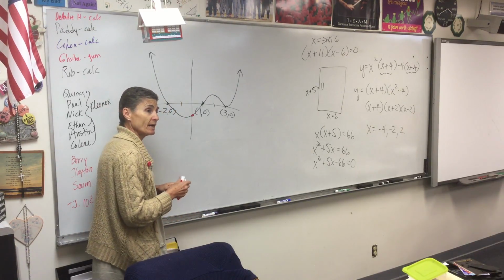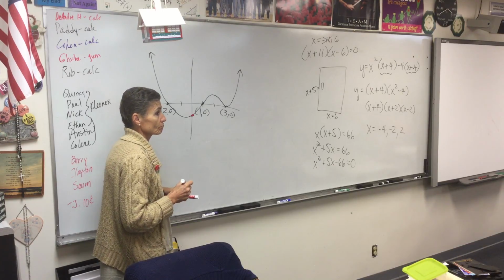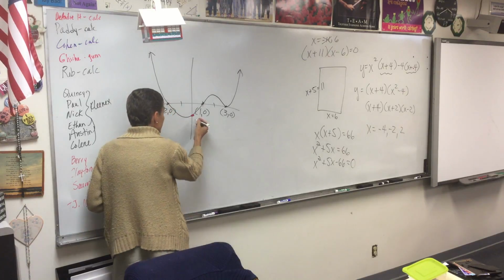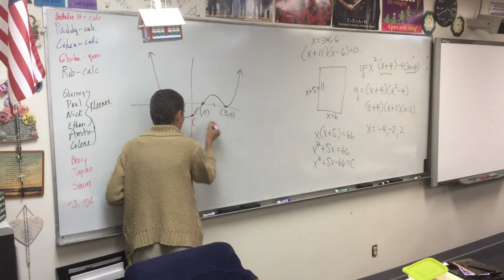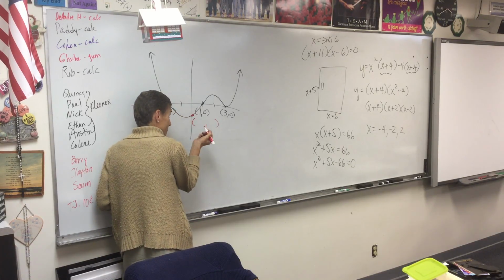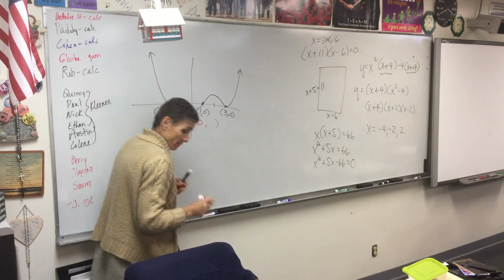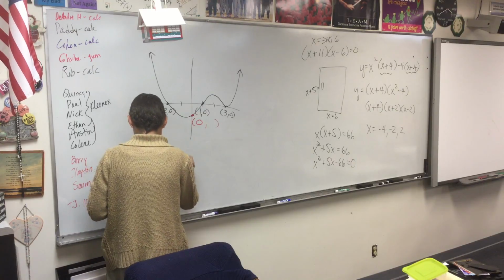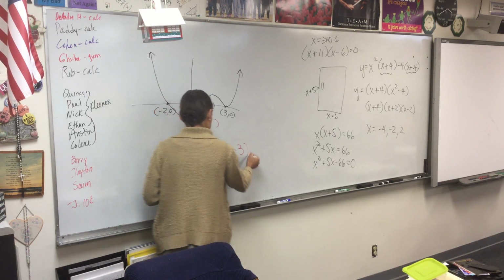Now, how do we find a y-intercept? Without doing anything, what can you tell me about this point right here? You can tell me x has to be 0. So, oh, I didn't write my equation down. If x has to be 0, then I am just going to plug in 0 for all of the x's.